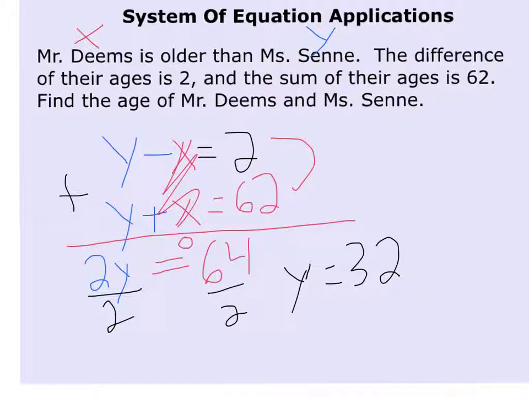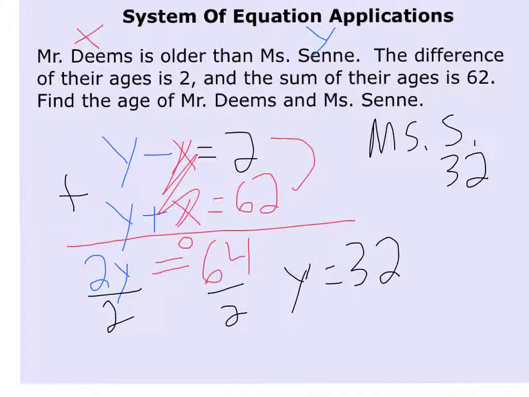So I have to go back and see who that is. So Miss Senny, she is 32. And then all I have to do is plug that 32 into one of my equations. So I'll do the y minus x equation.